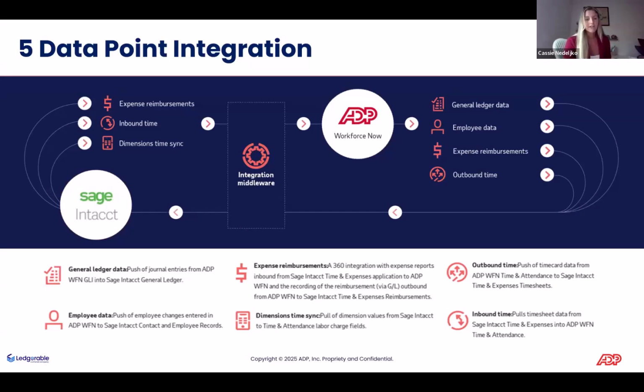Now, on the flip side of the integration, Sage Intacct will act as your prime for all of your dimensions. And that's everything with your project field values, your tasks, your cost codes, all of those things that you manage and that you've worked with the B2RL team to set up and customize within your organization. We can map those to ADP's dimensions on our side to make sure that departments are transferring over the right way.